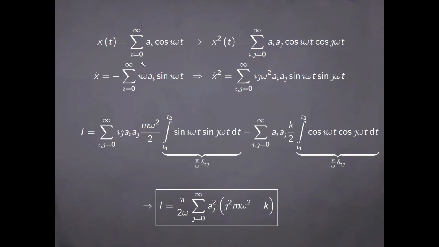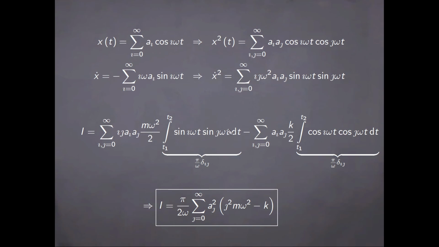Then knowing x squared and x dot squared, we can calculate the Lagrangian straight away, and we can calculate the action integral as per the expression presented here, which involves a double sum over integrals of this type.